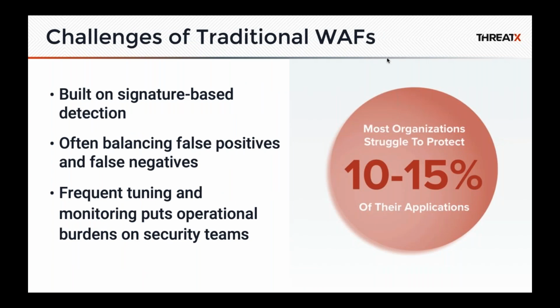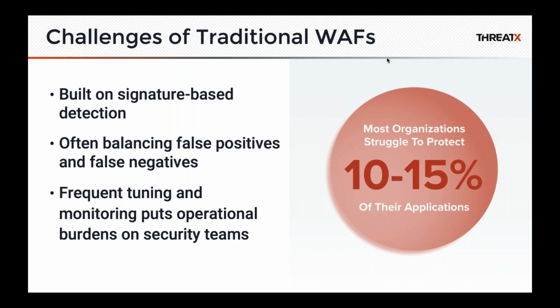So there have been challenges, and let's talk about them. Those historic challenges with WAF often lead to web application protection only being deployed really where necessary. And most organizations, from what Gartner has recently surveyed, only have 10 to 15% of their apps actually protected.